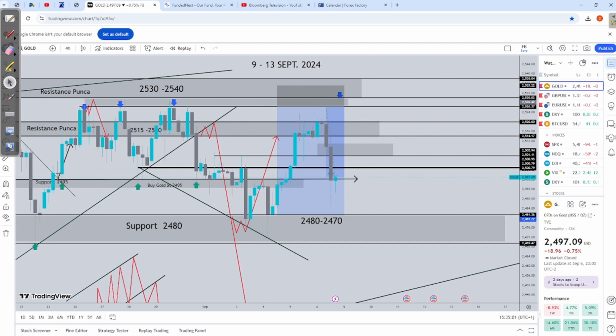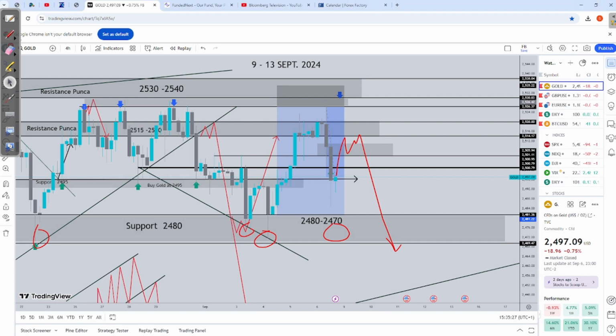We are expecting the market to reach this point, but it did not reach that area. We have had some touches over there, so we were expecting it to come here, but it did not. So there were some corrections, and then we expected it to come down.